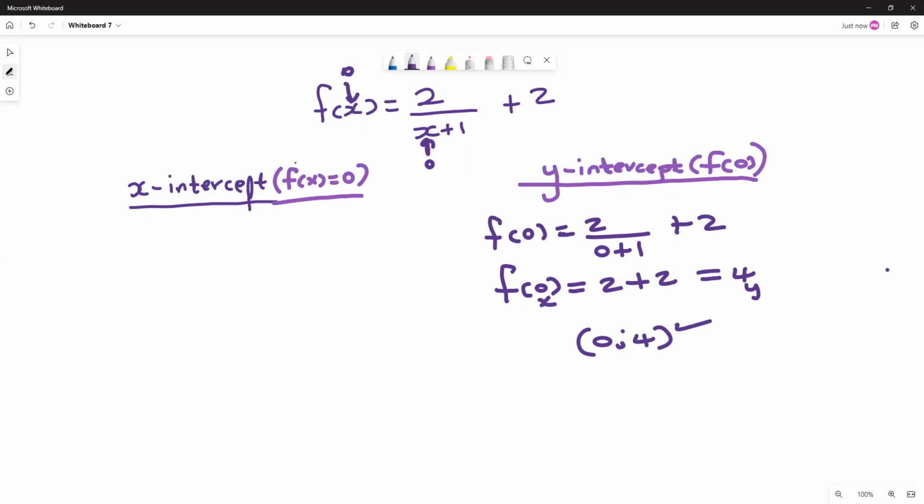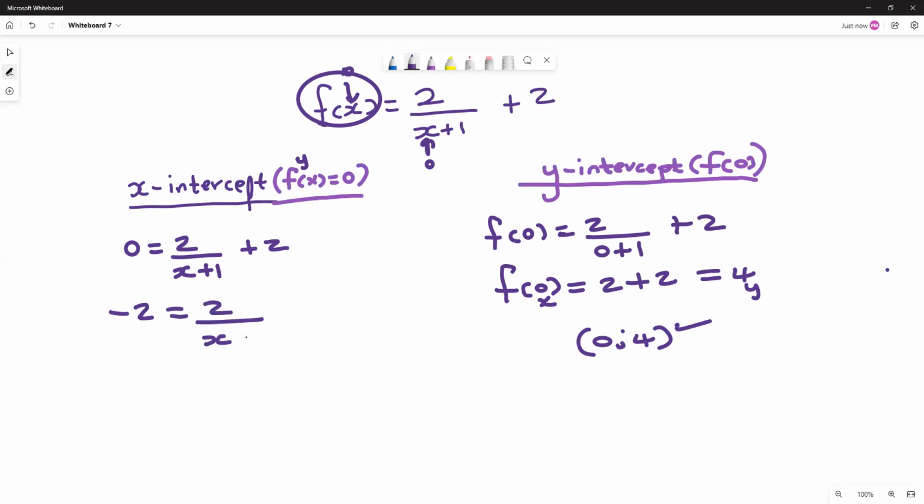X-intercept, remember, we make y 0, and f of x is just y, right? So this whole thing here becomes 0. So you're going to have 0 equals 2 over x plus 1, and then plus 2. And then you take this plus 2 that side, which becomes negative 2 equals 2 over x plus 1, right?